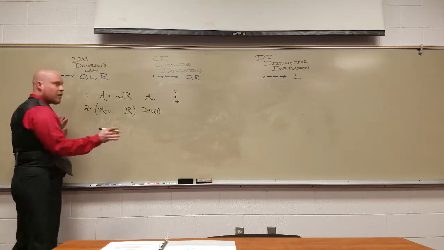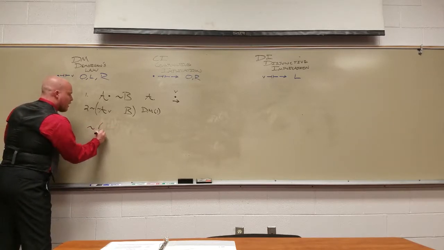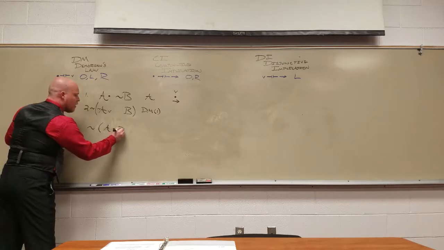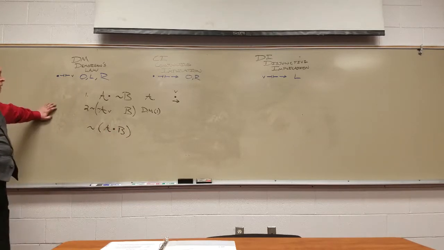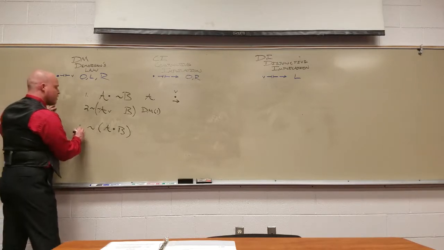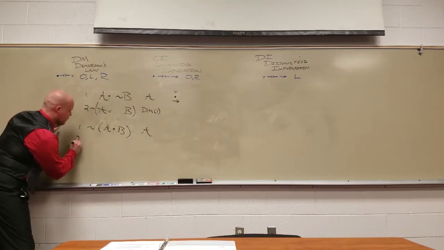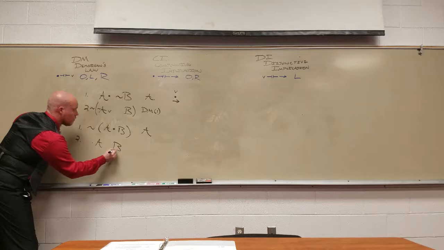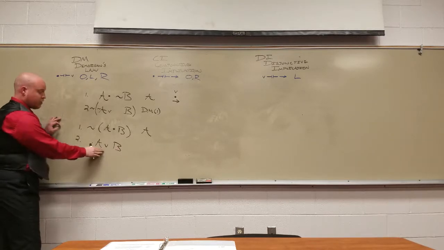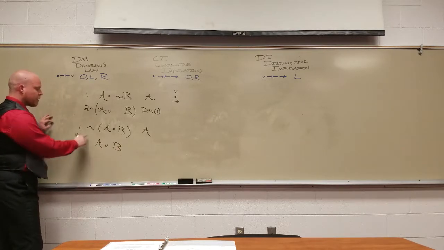Okay, similarly, now think about this one. I said this one before. Not A and B. Those two things are not compatible. Change it into a disjunction using DeMorgan's law. We'll keep the letters. Change the symbol, and then flip all the slots.